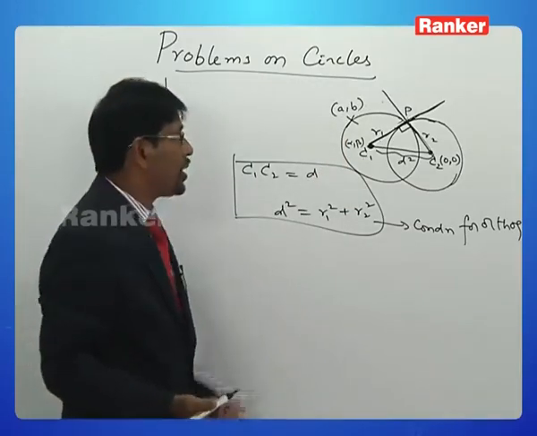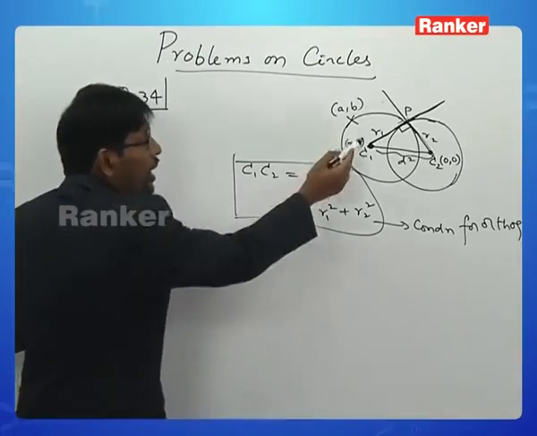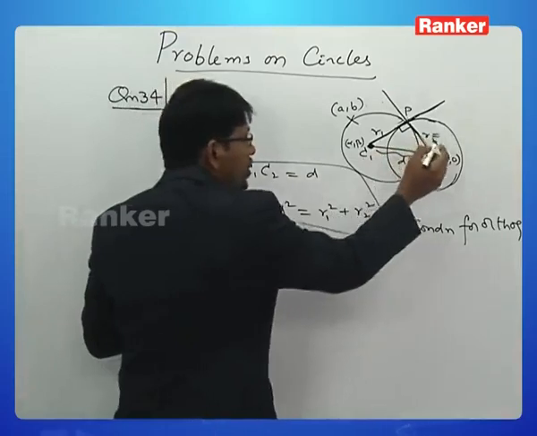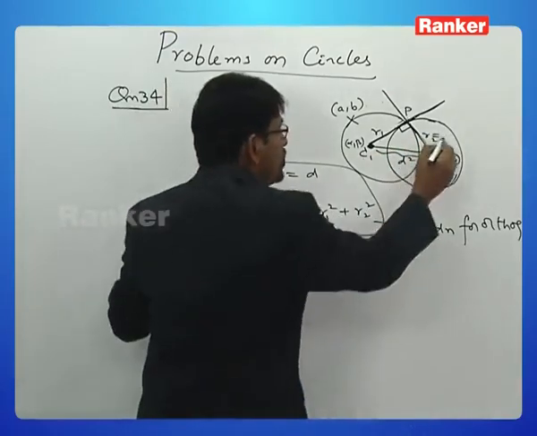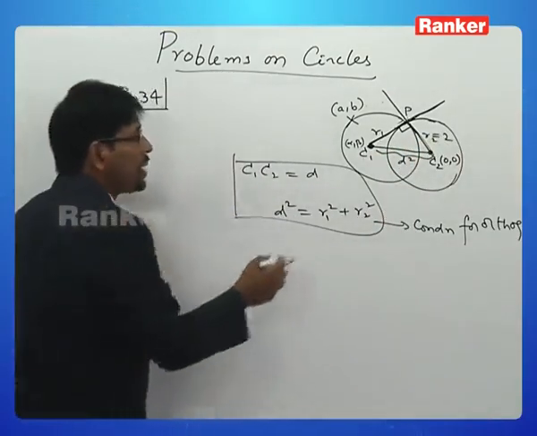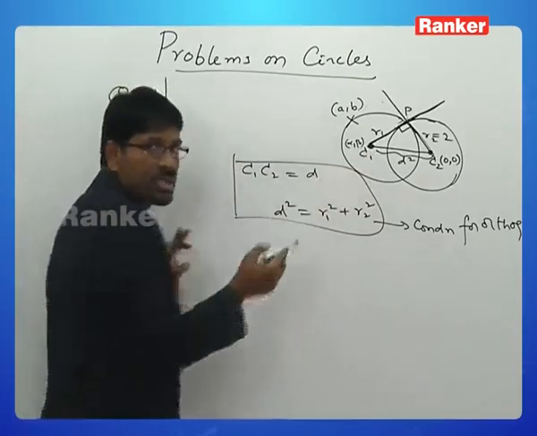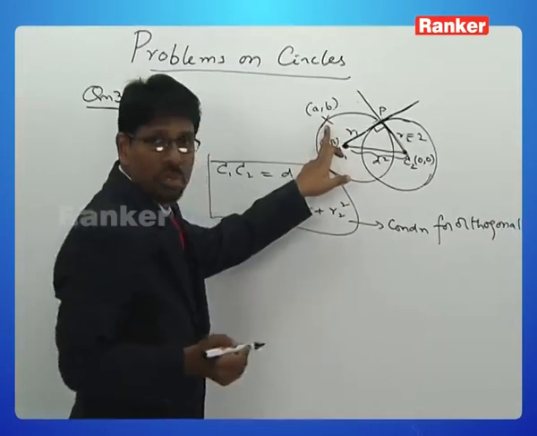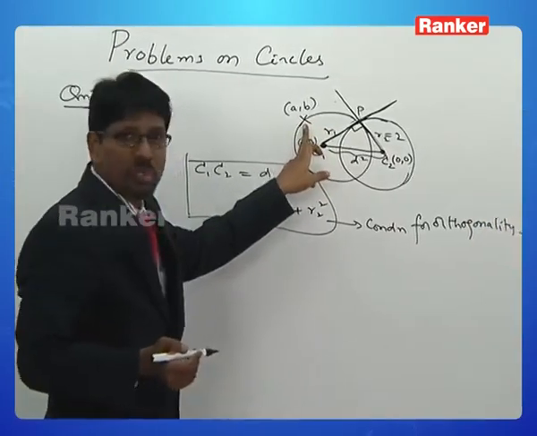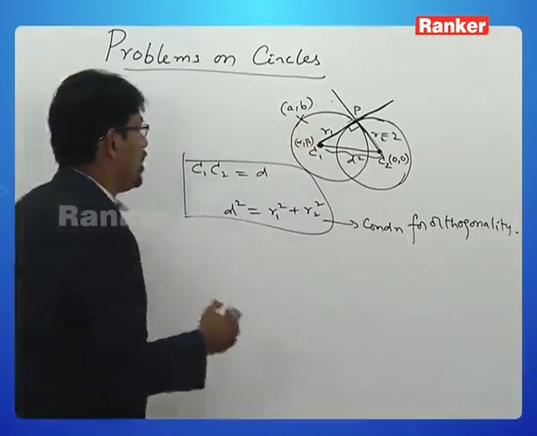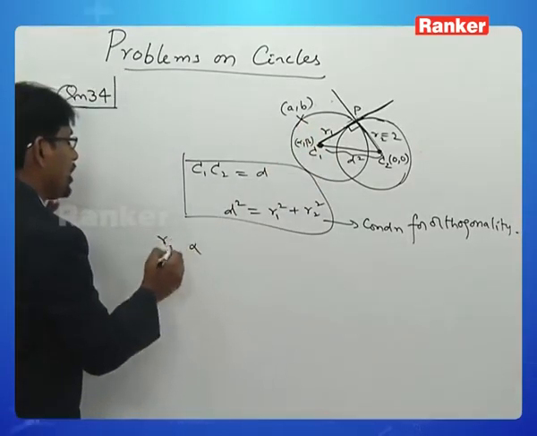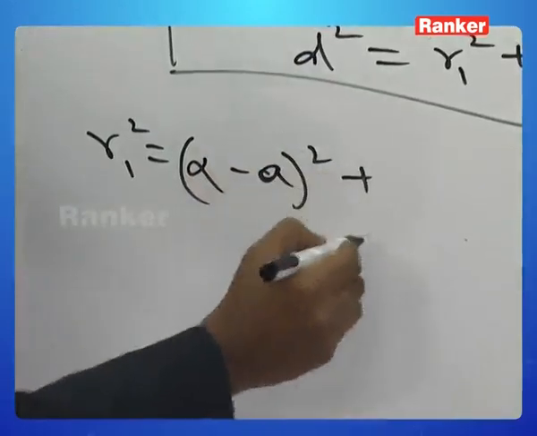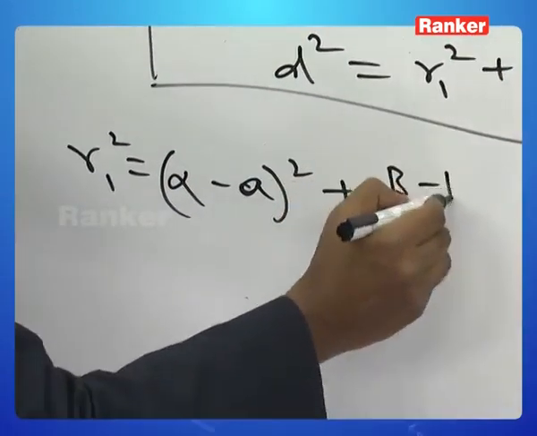Okay. So what do you know from here? R1 square plus R2 square has to be equal to D square. What is R2 here? 2. But what is R1? (alpha, beta) is the center of the first circle. Therefore, (alpha minus a) the whole square plus (beta minus b) the whole square will be equal to R1 square.